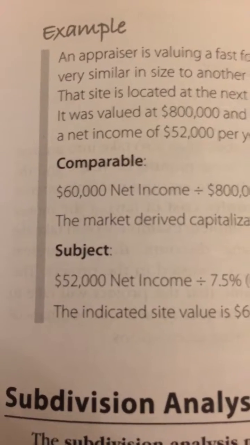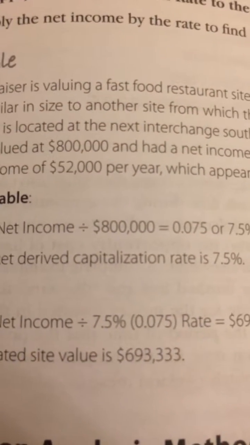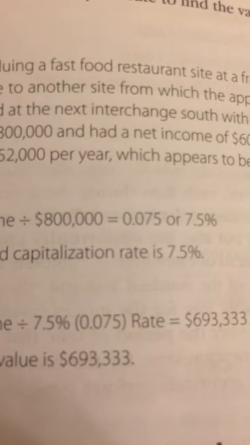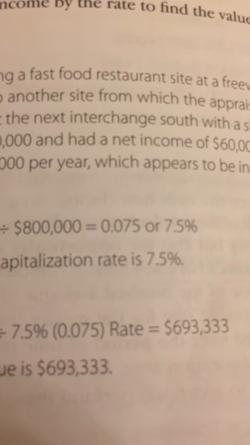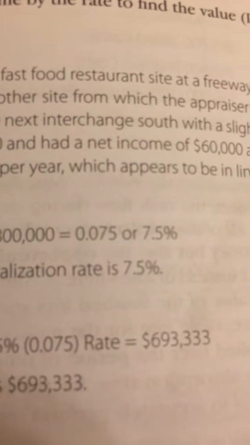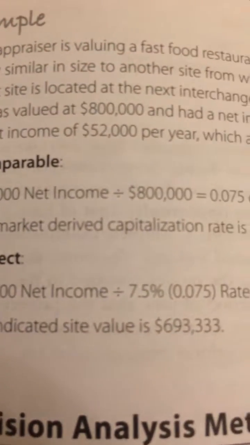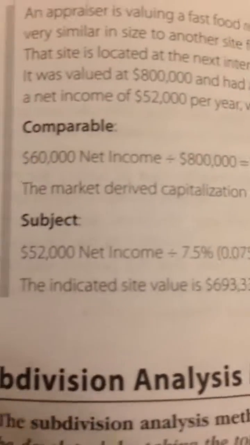Comparable: $60,000 net income divided by $800,000 equals 0.075, or 7.5%. The market derived capitalization rate is 7.5%.